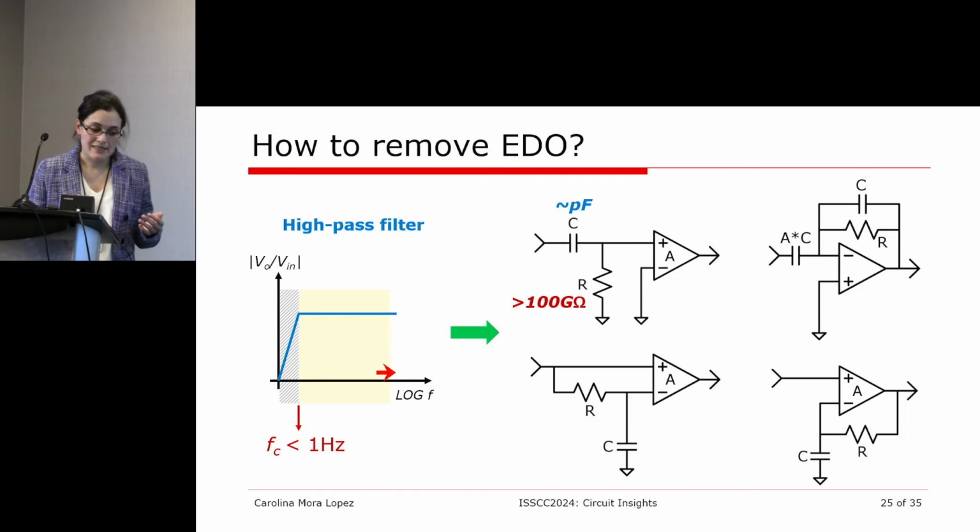That means that if you want to implement this less than 1 Hertz frequency corner, we will need resistors that are higher than 100 gigaohm. This is actually impossible to implement on chip, and I will give you later some insights about how people try to implement this on chip, but it's certainly a challenge that the designers also need to deal with.